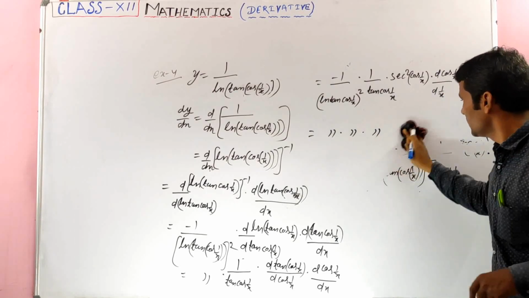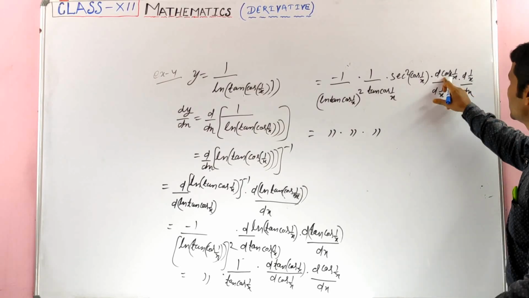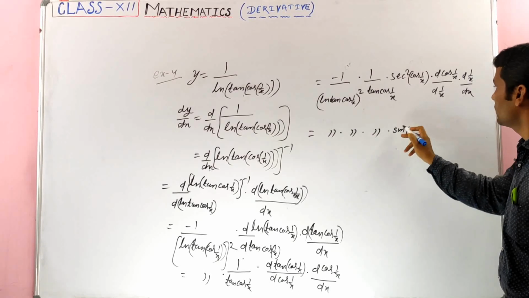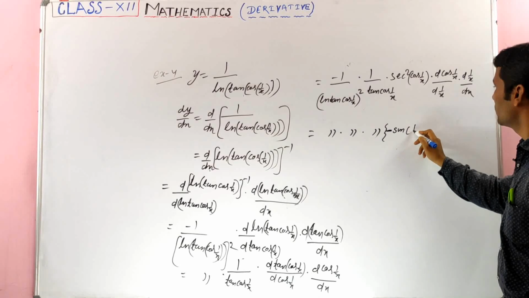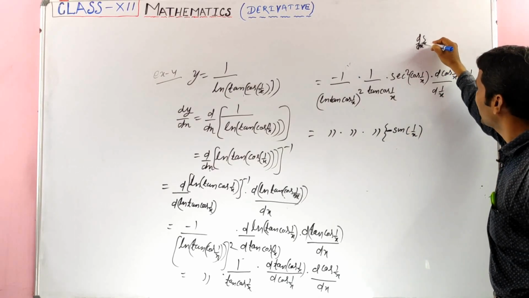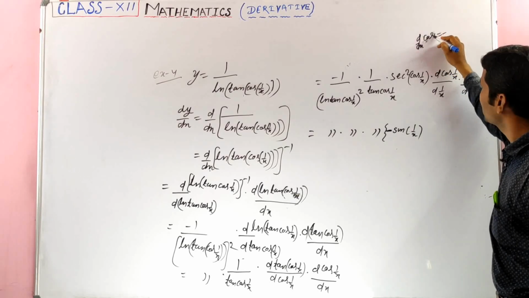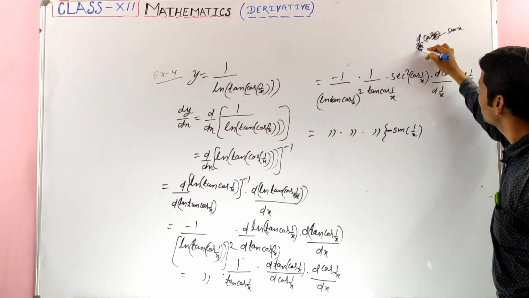Now see, the derivative of cos of something is minus sine of something, because these are the same. The formula is d by dx cos x equals minus sine x, when these are the same.